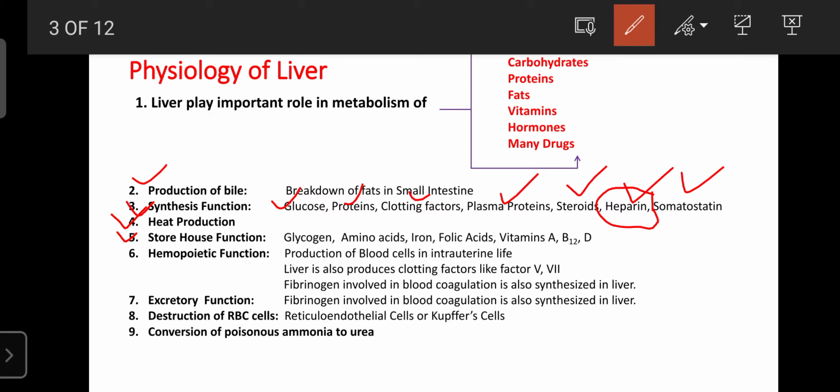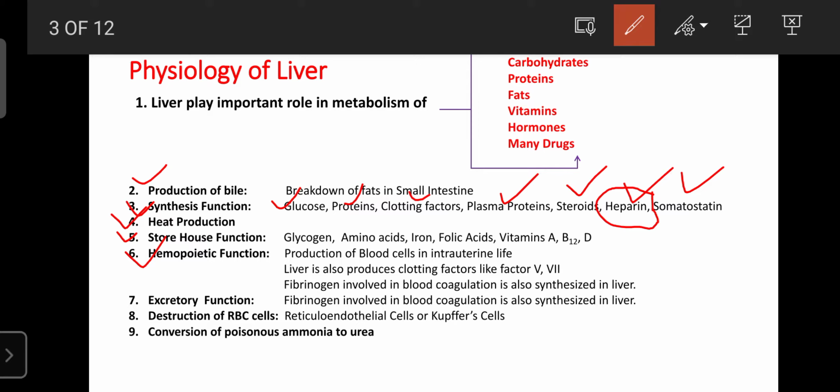And the liver also has hemopoietic functions. Hemopoietic means related to blood component synthesis. So the liver actively participates in the synthesis of blood cells.